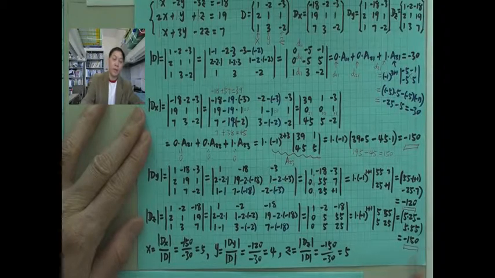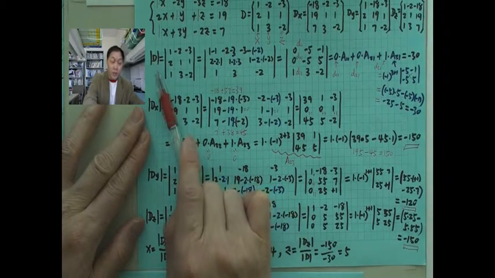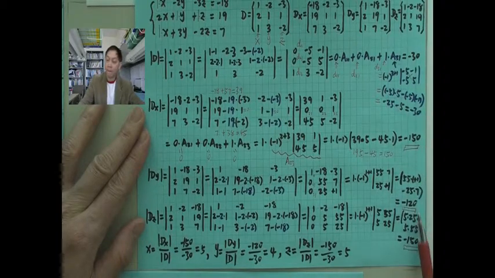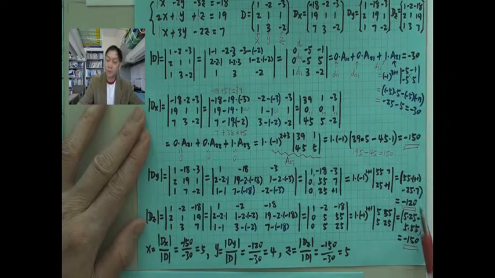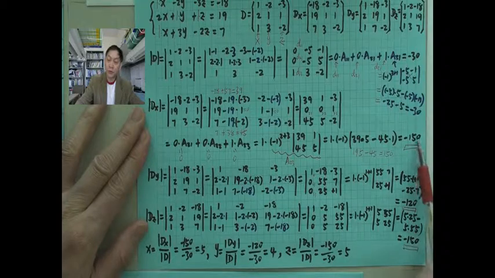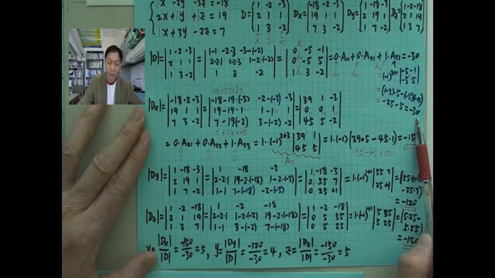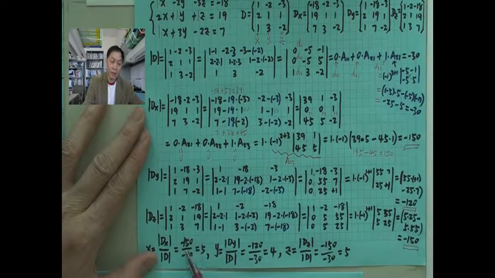So, after you get the determinant for D, dx, dy, dz, right here, then you use this one, everyone divided by this number. Okay, dx, negative 150, divided by determinant of negative 30. Negative 150 divided by negative 30 is 5. You have x.